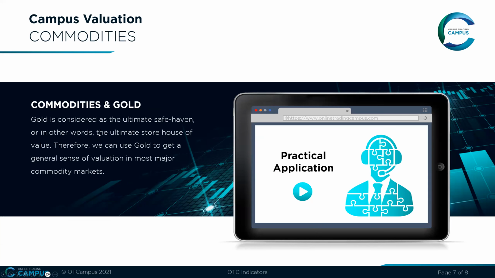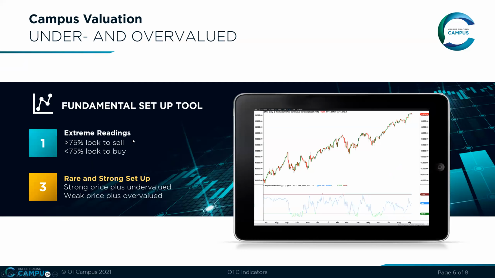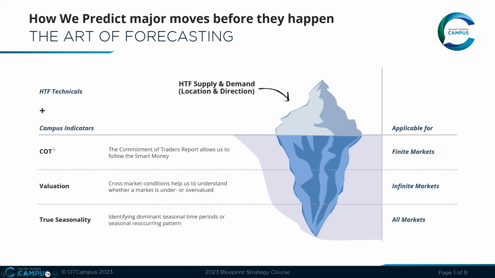And we may be able to do that in one, and then we can do some practical applications, and then we can also move on to the true seasonality after that, so that you have a primary setup tool for our finite markets, you have a primary setup tool for our infinite markets.